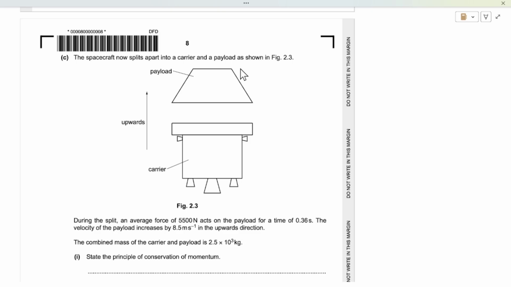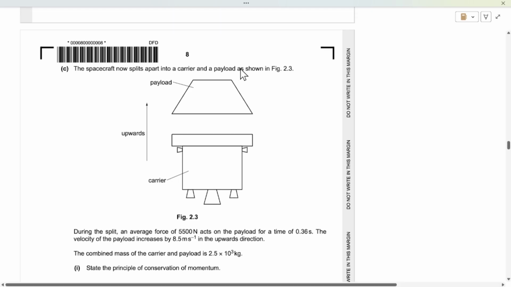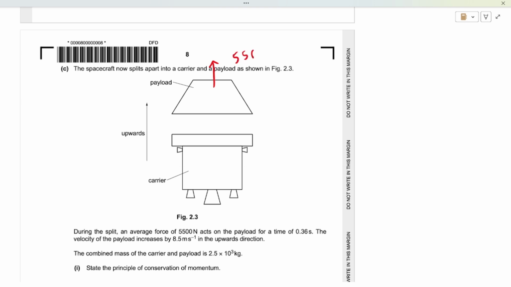We need to state the principle of conservation of momentum. Here they had given that the force acting on the payload is 5,500 Newton, and the time period is 0.36 second. Now they are asking us to state the principle of conservation of momentum.